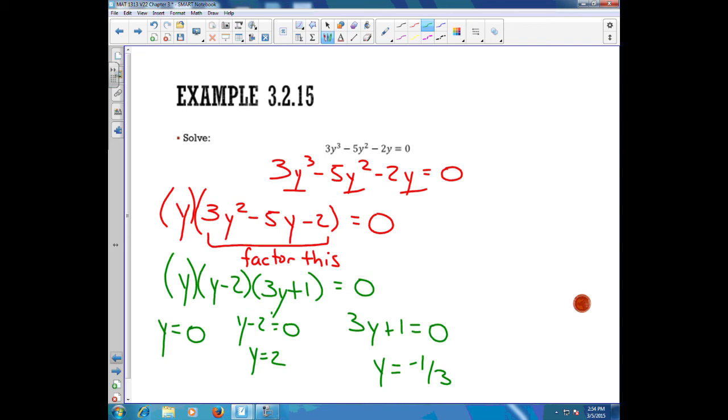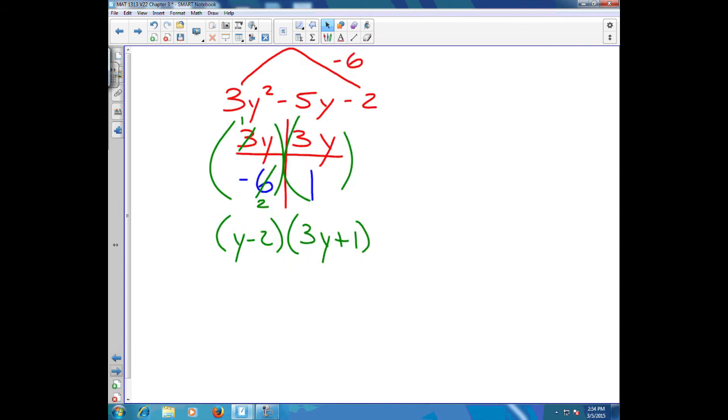And so we have 3 solutions for this equation, 0, 2, and negative 1/3, which is what we expected when we have y cubed at the beginning of the problem. So this technique just involves factoring out a common factor and then factoring the trinomial that remains.